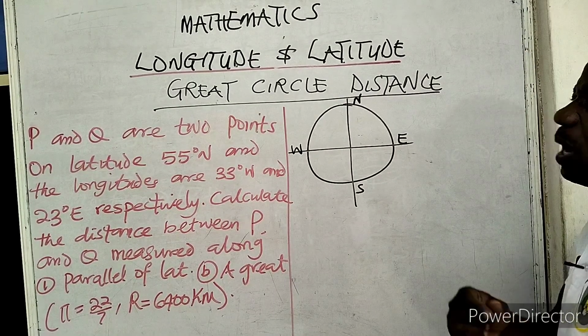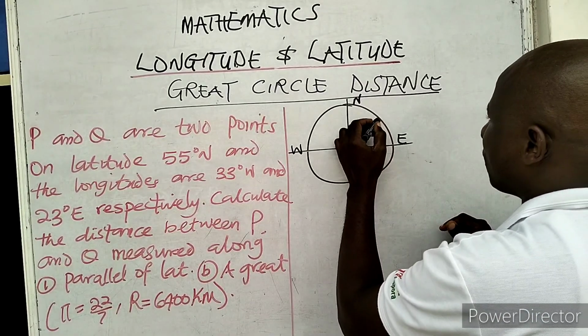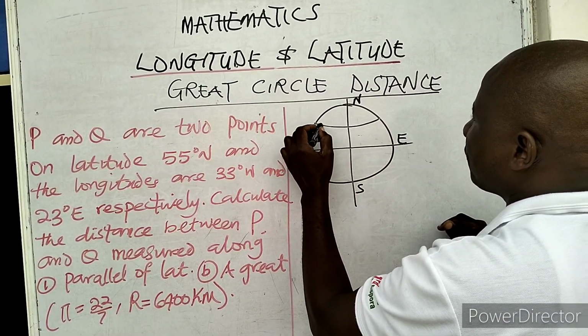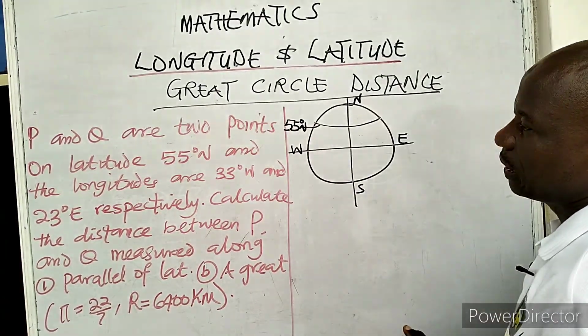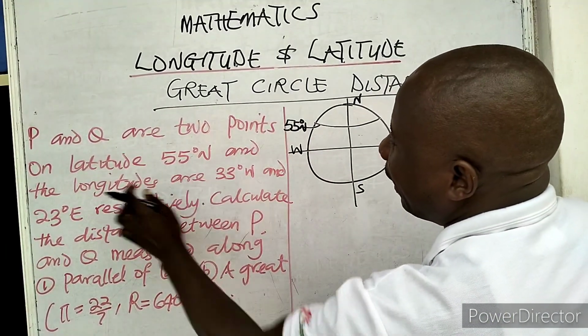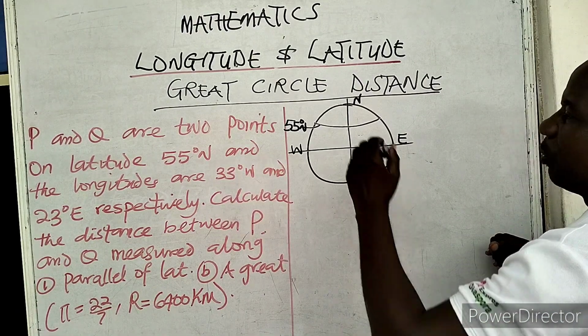They say P and Q are 2 points on latitude 55 degree north. This is 55 degree north. And their longitudes are what? 33 degree west and 23 degree east respectively.